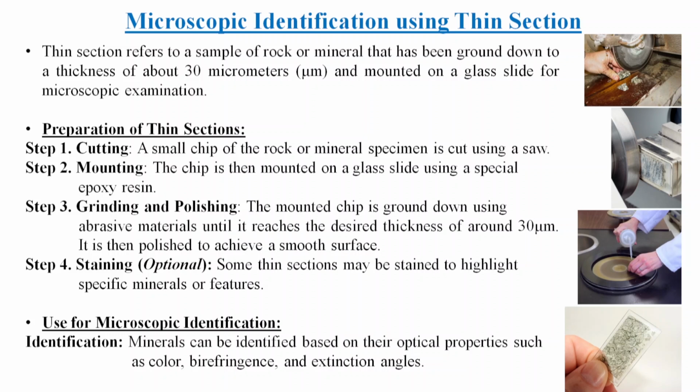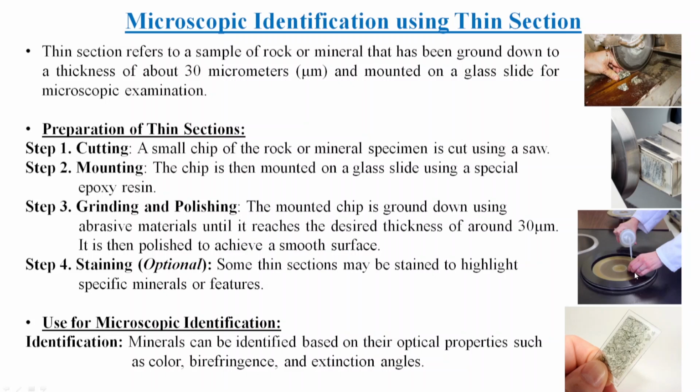After preparation of this thin section, we generally put it under an optical microscope through which light is passing through your thin section, and in that case you can identify minerals based on various optical properties. Different minerals show different colors, and different structures present within the mineral.